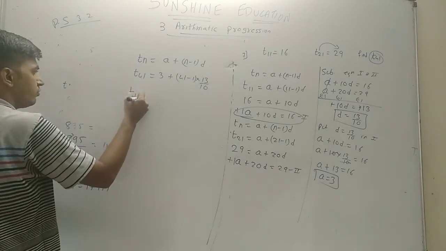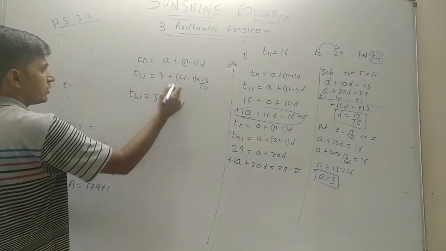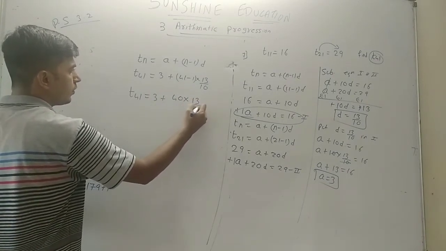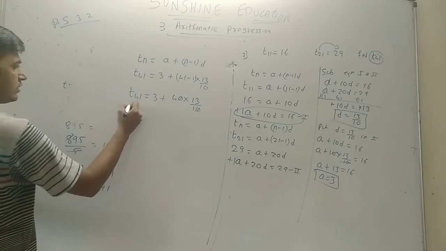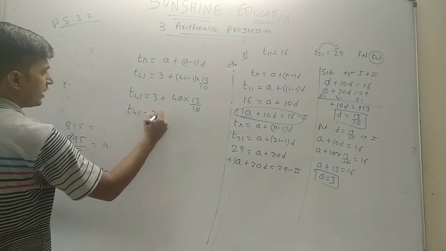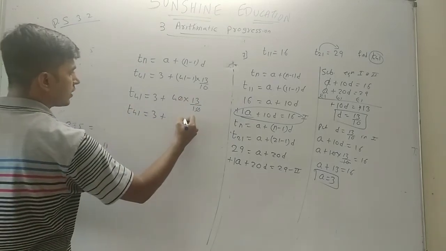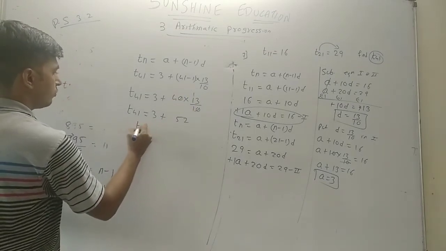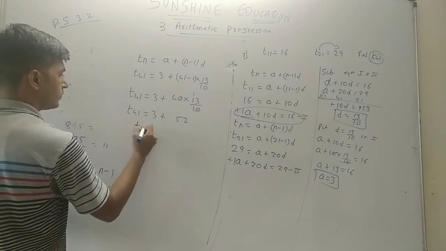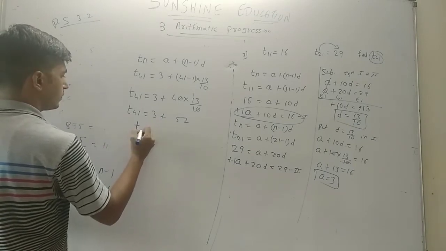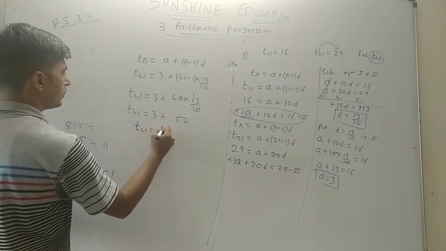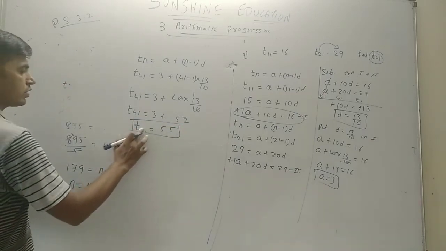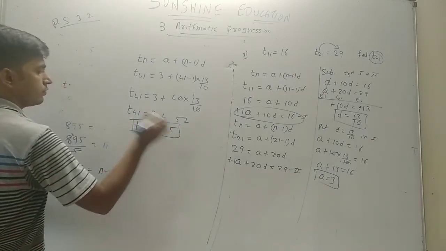So T41 is equal to 3 plus 41 minus 1, 40, multiplied by 13 upon 10. 0, 0 will get cancelled. 3 as it is. So 4 times 13 is 52, plus 3, so T41 is equal to 55. Okay, so the 41st term of the sequence is 55.